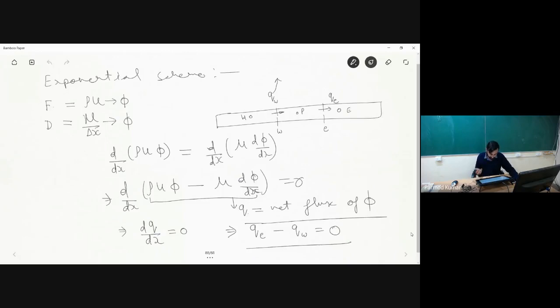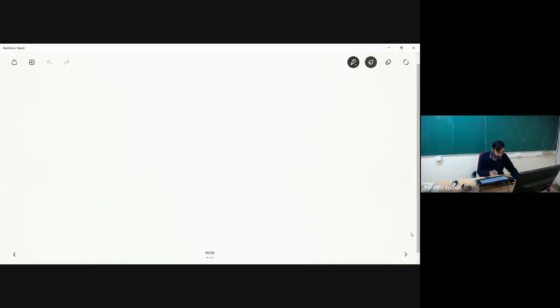Now I want to apply this exponential variation, which is (phi minus phi naught) divided by (phi L minus phi naught) equal to exponential of Peclet number into x by L. Earlier it was x by L when we were considering the global Peclet number, but to write this in discretized form, instead of this Peclet number I have to consider the local Peclet number.